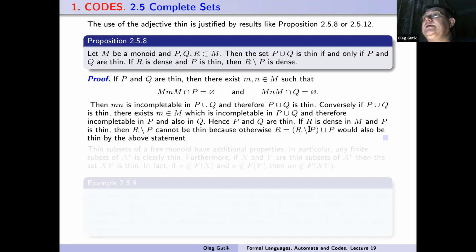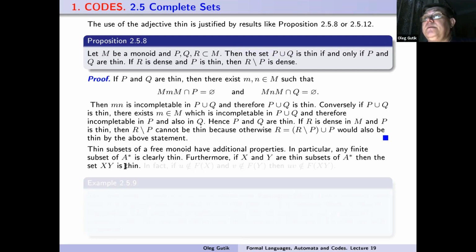If the set R capital is dense in the monoid M capital and P is thin, then R capital without P capital cannot be thin because otherwise R capital, equal to R without P union with P, will also be thin by the above statements. Thin subsets of a free monoid have additional properties. In particular, any finite subset of A capital star, the free monoid, is clearly thin.